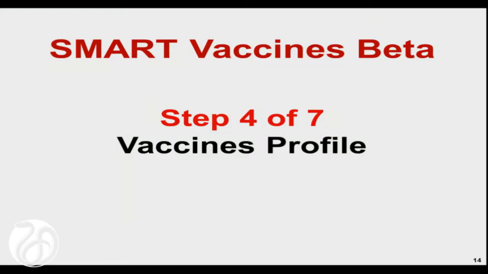Step 4 is a profile of the vaccines. Again, Dr. Gellin made this point, and I want to make it again forcefully: these vaccines do not yet exist. So these are estimates by experts about what the vaccines will be able to do.